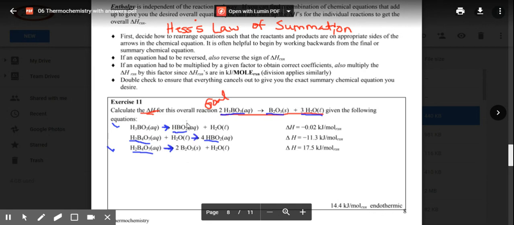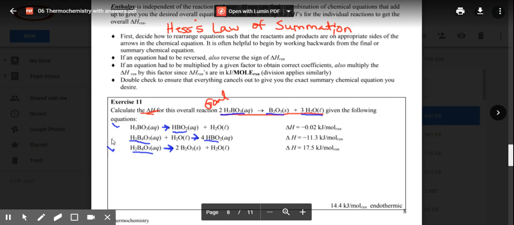So right now I have HBO2 on my product side. Well, I have more HBO2 on my product side, so I can't eliminate those two. Here I have H2B4O7 on my reactant side. So I want to be able to eliminate these somehow.